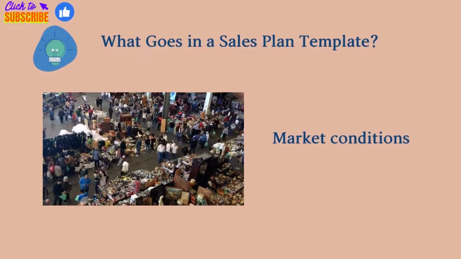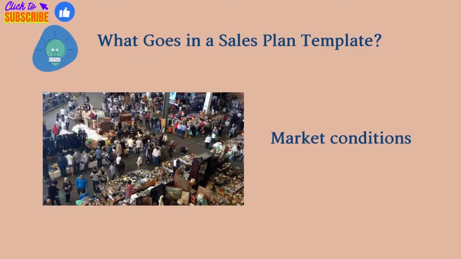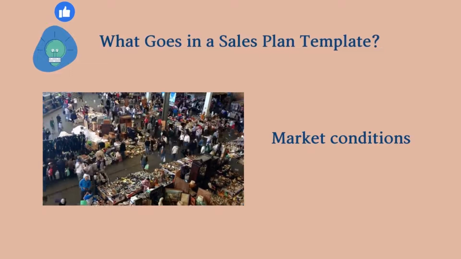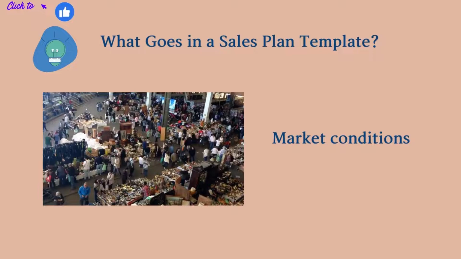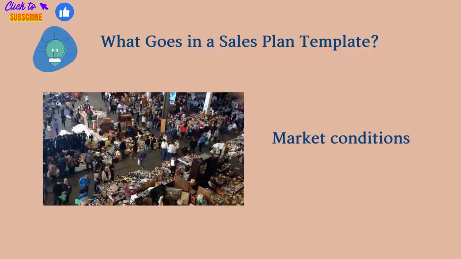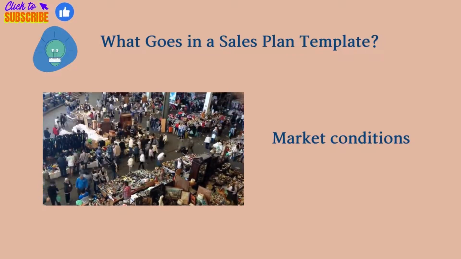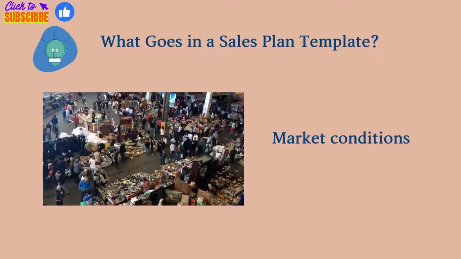The next one is market conditions. Here, you put information about your industry and the competitive landscape. So how big is your market? How many competitors do you have in a certain location?